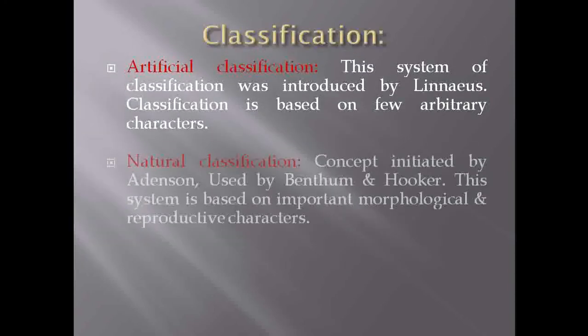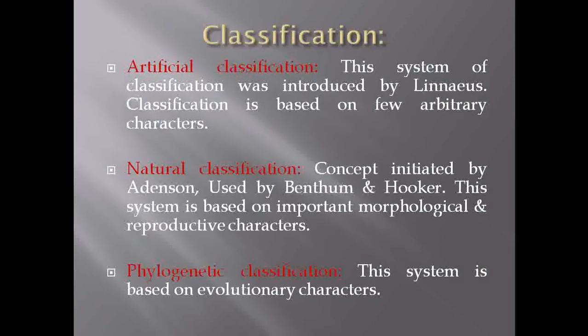So next we see the different classification systems. Earlier we knew that the first classification system was the two kingdom system, then the three kingdom system, then after evolution the five kingdom system, and then after lots of changes in classification, three systems of classification were put forward: the artificial system of classification, the natural system of classification, and the phylogenetic system of classification.